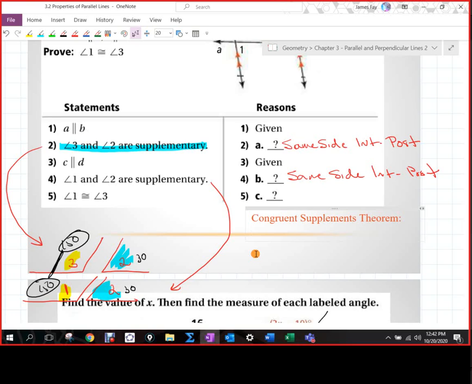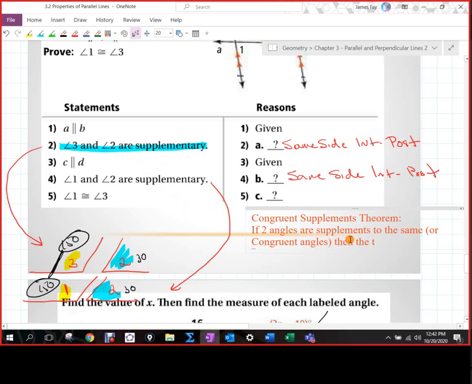What it says is if two angles are supplements to the same or congruent angles, and in this case, to the same, because 3 is supplementary to 2 and 1 is supplementary to 2. So 1 and 3 are the two angles, and they are supplements to the same angle, angle 2.